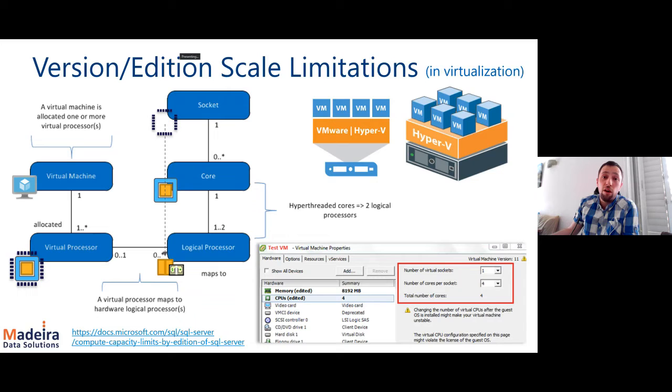But the number of sockets was too high, so SQL Server was not able to use all the cores. Instead of 24 cores, they had 16 cores that SQL Server was able to use. All it took is reconfiguration of the VM, reducing the number of sockets and raising the number of cores per socket, and the problem was solved immediately.